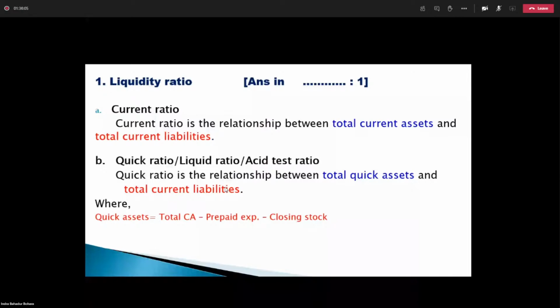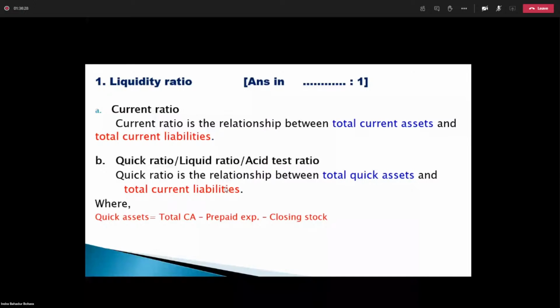They do not have a specific date. Closing stock can't be converted into cash immediately; within a year it will be converted into cash by selling. But prepaid expense and closing stock cannot be easily converted into cash whenever required.